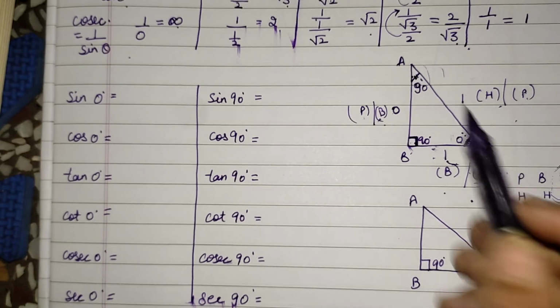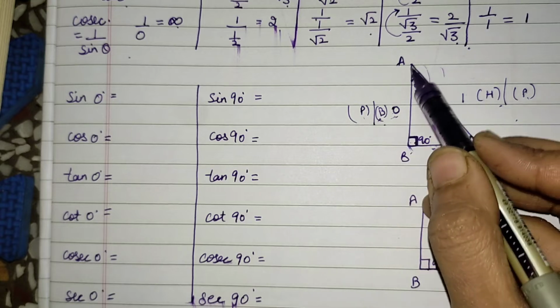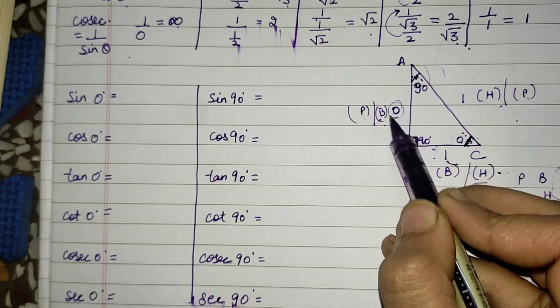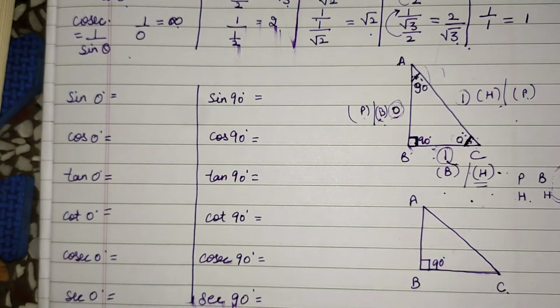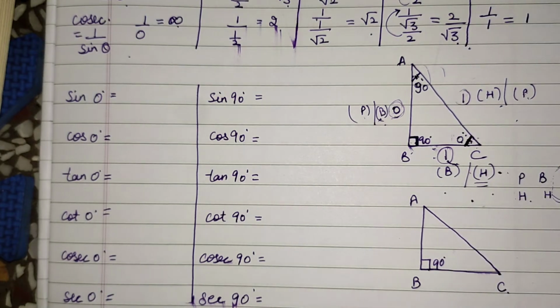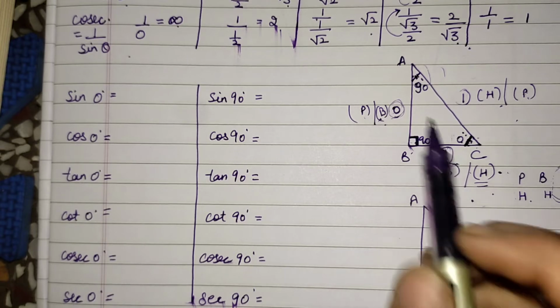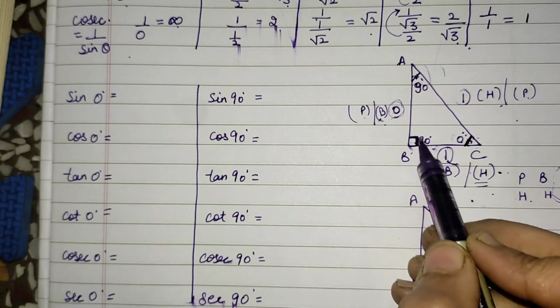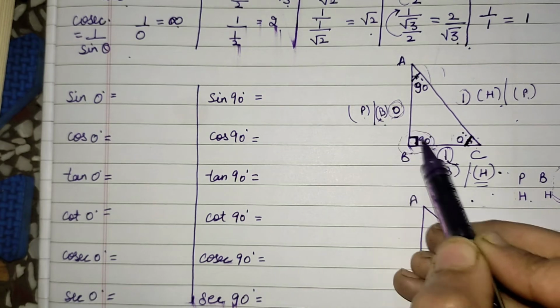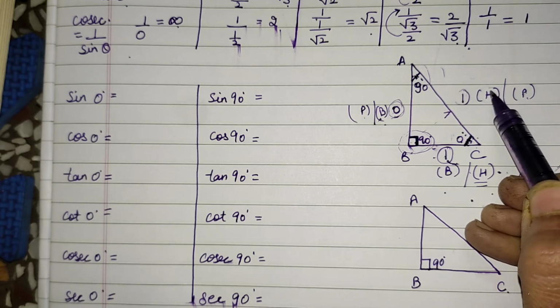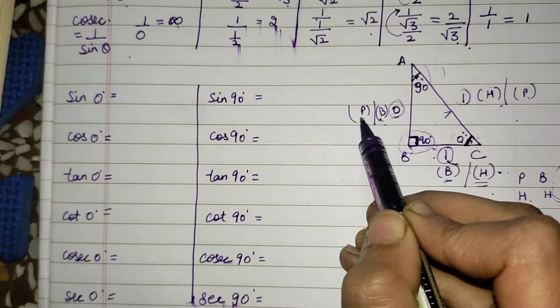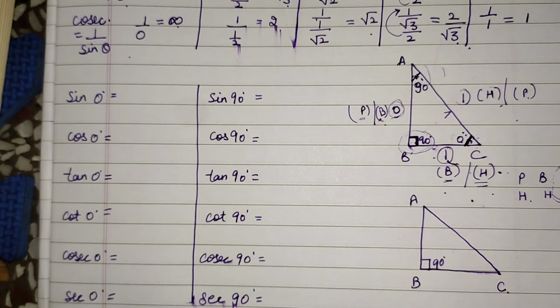So first I will imagine that this side has a value of 0, this is 1 and this is also 1. This thing you have to imagine and you will be able to find out your values very easily. So now if this is my 90 degree, then the corresponding side will be hypotenuse. This is hypotenuse, this is my base and this is my perpendicular.